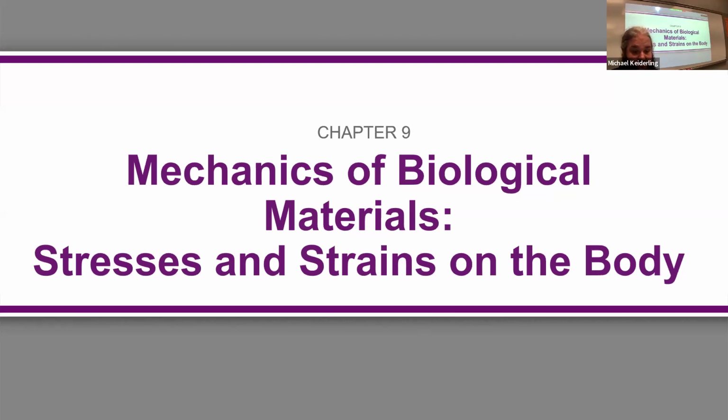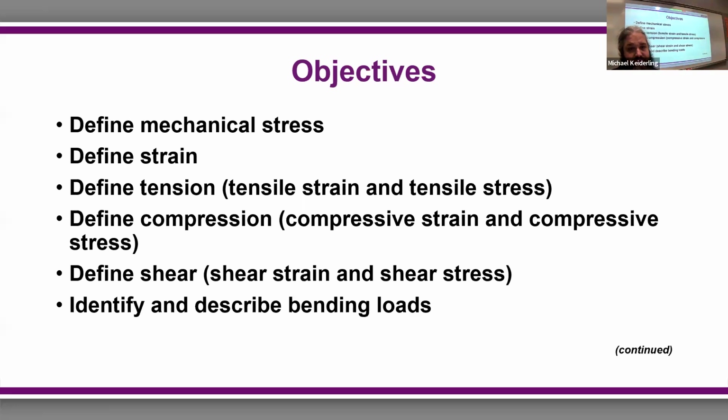And we're going to focus on the materials of the body. So we'll look at stress and strain in the body, where stress is related to force applied to a material, and strain is related to how much it changes shape when that force is applied.